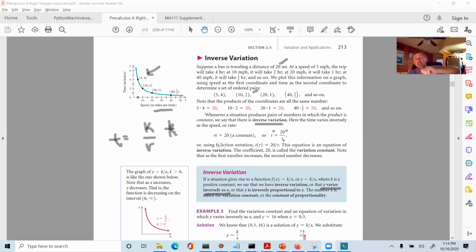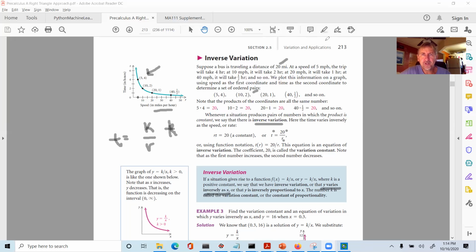In the case of the perpendicular slope, it was the negative inverse, but 1 over is the inverse. The perpendicular slope was the negative 1 over m. Okay, so this is just inverse variation. So let's look at this first example.